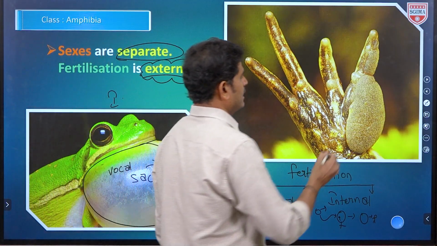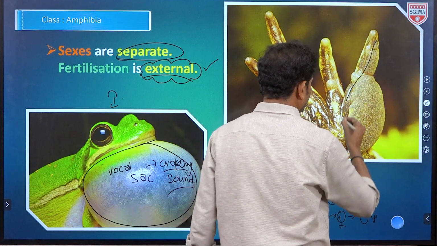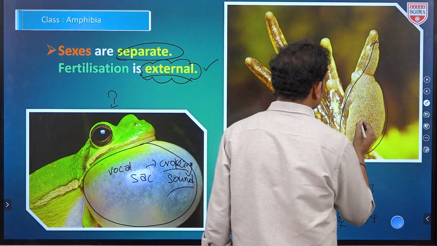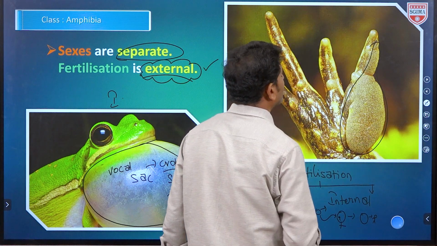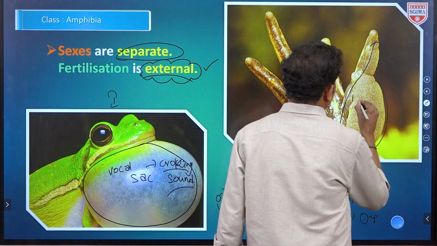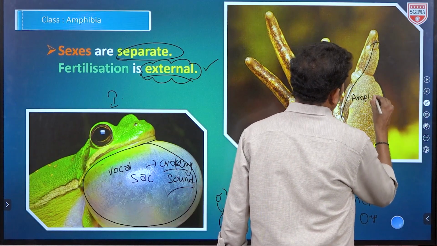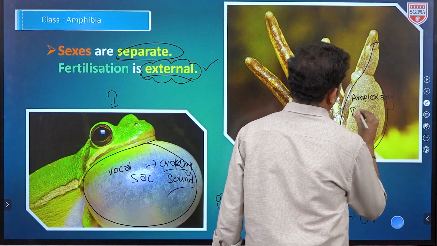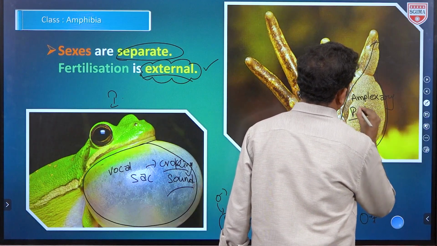And another character बोले तो इधर this is called a nuptial pad, or another way it is known is amplexary pad. Amplexary pad बोलते और copulatory pad भी बोलते इसको.